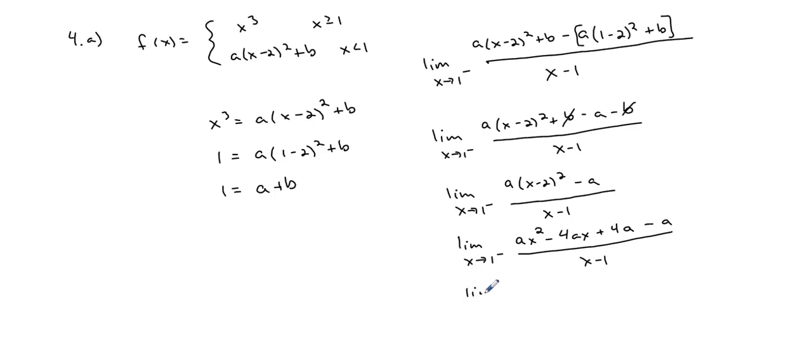Okay, limit as x goes to 1. Okay, ax squared minus 4ax plus 3a, over x minus 1.